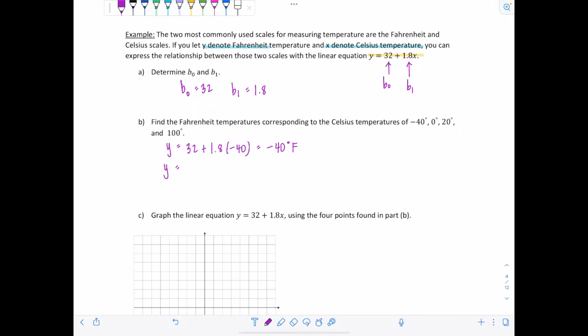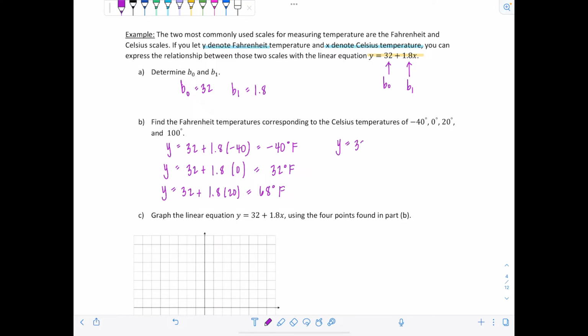Okay, what about 0 degrees? So y equals 32 plus 1.8 times 0. I don't usually put units in the equation, just the number when I'm plugging in. This is going to be 32 degrees Fahrenheit. For 20, y equals 32 plus 1.8 times 20. I did this earlier, but I'm double checking. 68 degrees Fahrenheit, and then lastly 100.